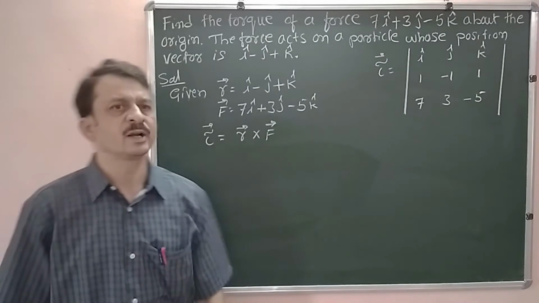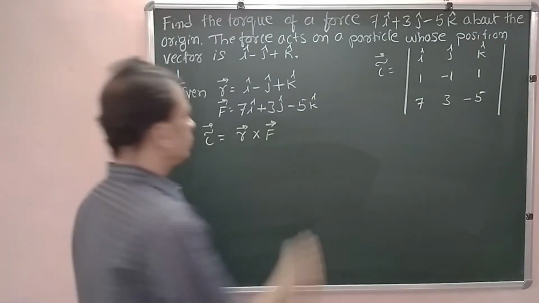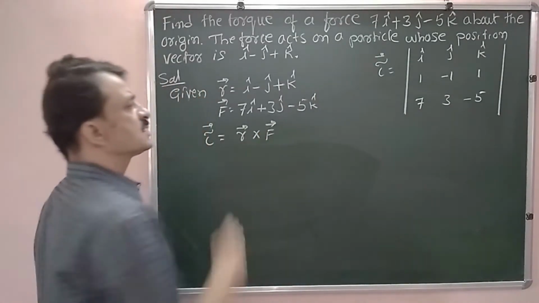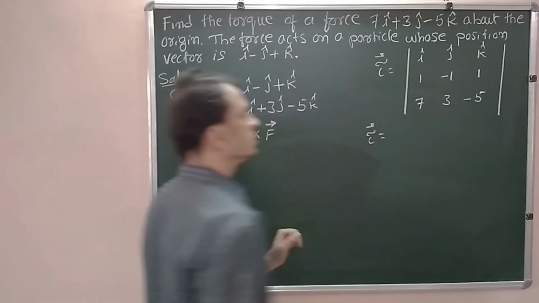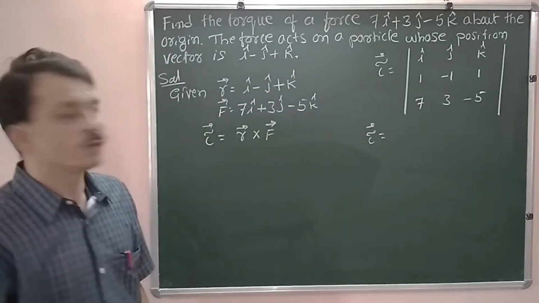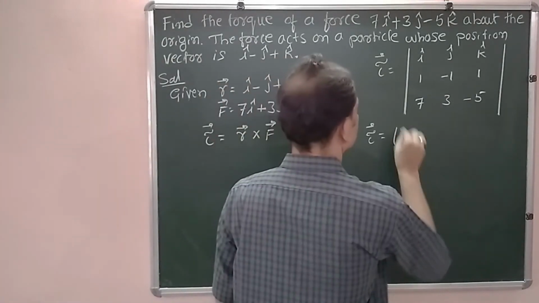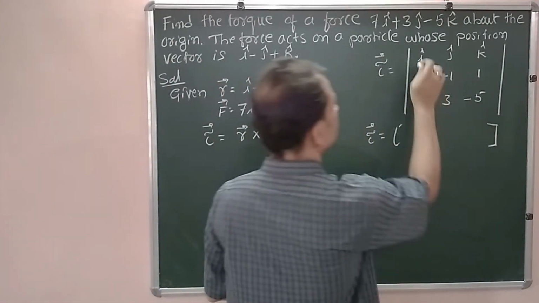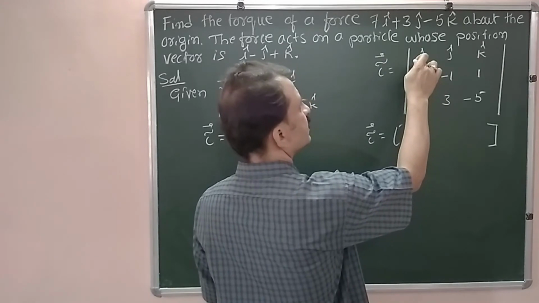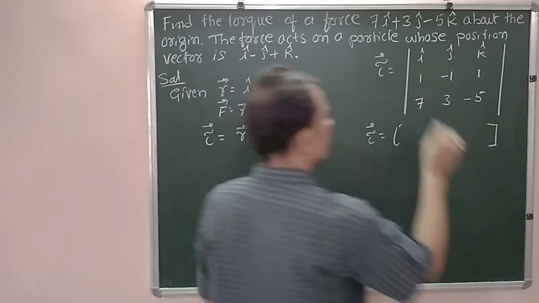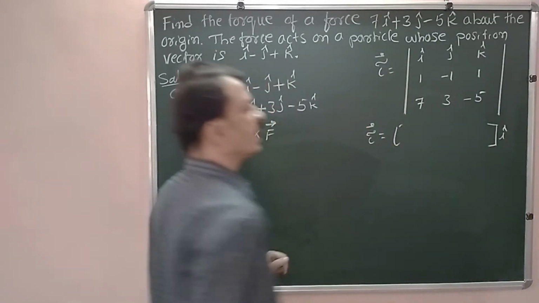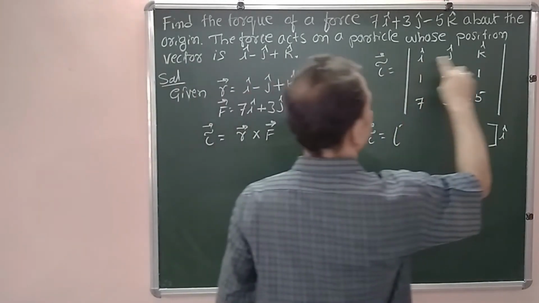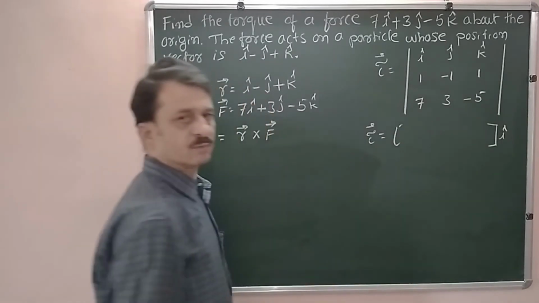Now this is the determinant method. Now we have to find R cross F. Therefore, R cross F, or tau, is equal to... now how have we worked it out? We write the first component taking the i unit vector. In order to find the coefficient of that i unit vector, we leave the first row and first column.